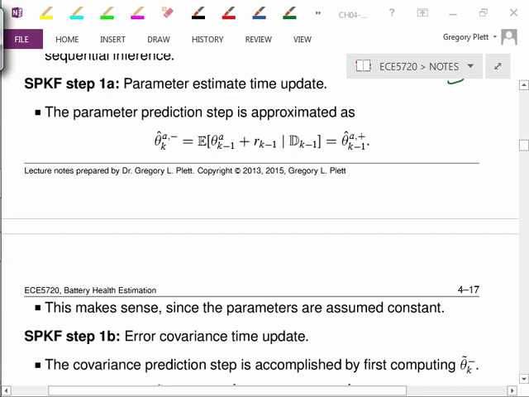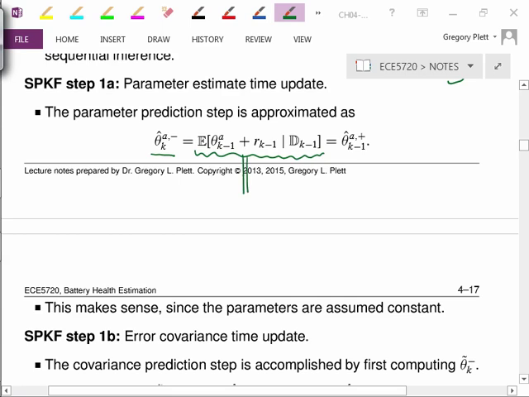So remember step 1a, I'm trying to predict the present parameters given only past measurements. So by definition, this is saying theta hat, hat because this is a prediction, it's not the true thing. So theta hat at time k of the augmented parameter vector with the minus to say this is a prediction and not an estimate is equal to, by definition of the step 1a process, the expected value of theta at time k given d k minus 1.